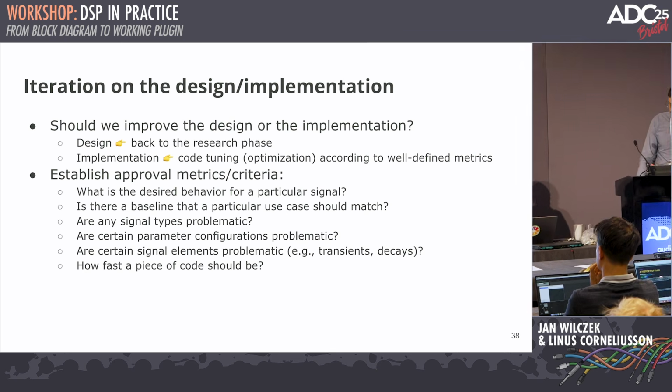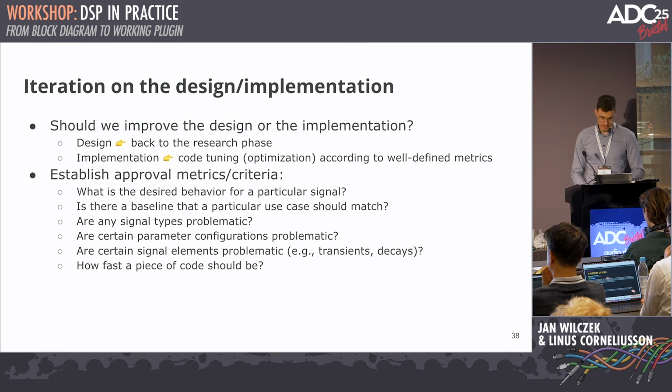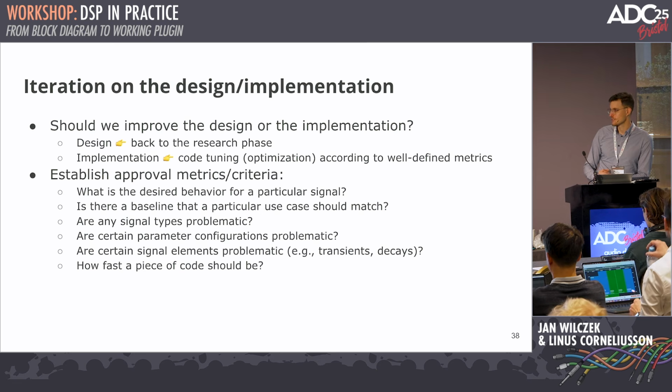Exactly. And when you have the plugin and you can listen to it and test it out, you can iterate on your design. At this stage, when you're working with a client, it's very important to establish some criteria. Can they specify what they want? What are the boundaries? This is difficult. When we worked on the Octaver plugin, it was difficult to specify what exactly we were after.